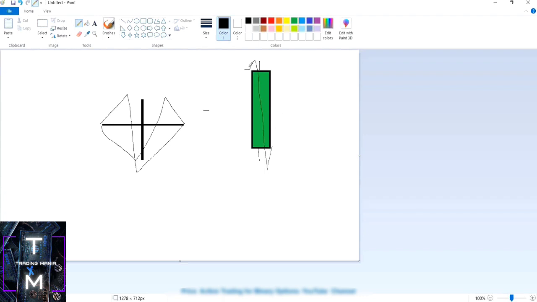Or this candle might have opened here, went all the way up like this, and closed here. Or this candle might have opened here, gone all the way down, then came up, then came down, and then closed here.